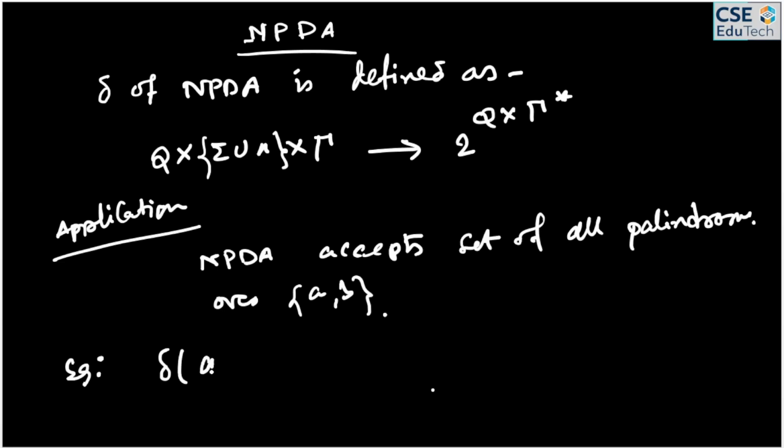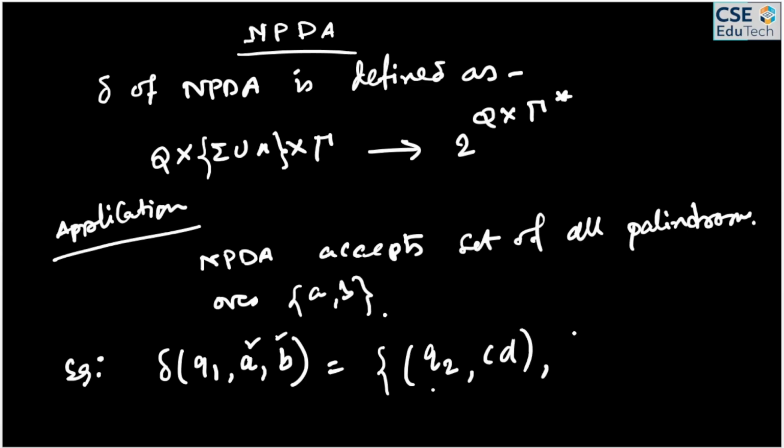Delta of, suppose, q1, a, and b. It means your present input is a, the stack top symbol is b and your present state is q1. Now the configuration is like that: q2, CD, or suppose q3 and it is replaced by null. So there are two pairs, right?